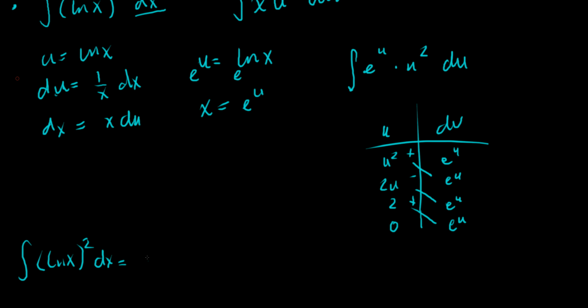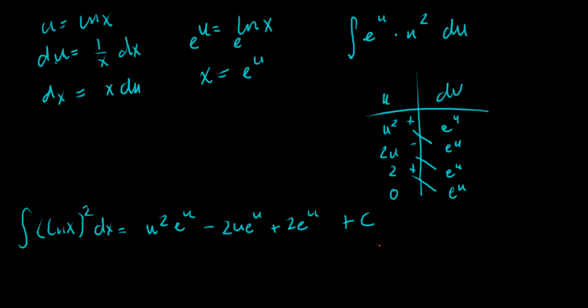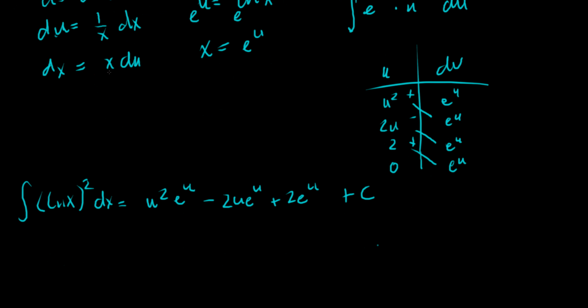So we have u squared times e to the u minus 2u e to the u plus 2e to the u plus our constant.